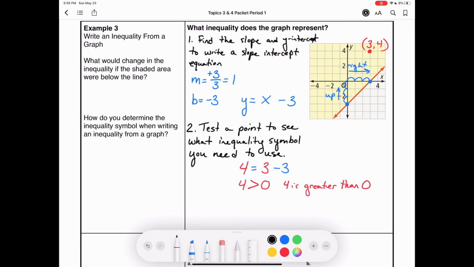We're not quite done with our inequality symbol though, because we need to figure out if it's equal to as well. So if the little line goes underneath it. So if the line is solid, we are going to have that equal to line. So it's going to be greater than or equal to, or less than or equal to, depending on what the point shows us.